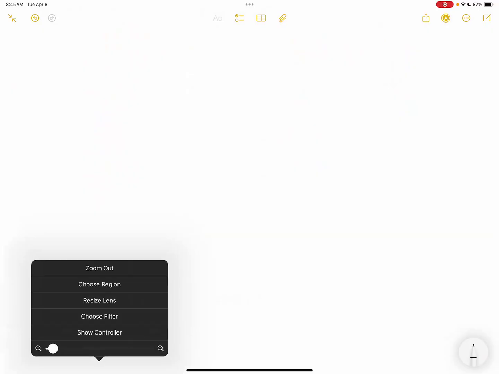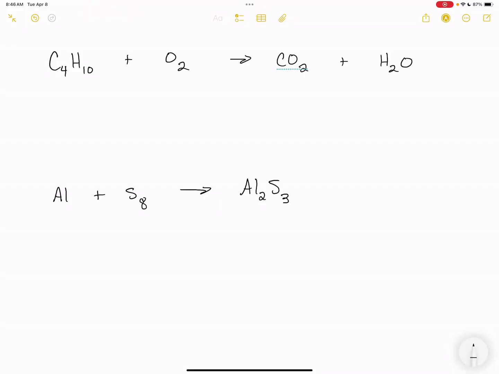Let's get some more example practice. Let's do C4H10 plus O2 goes to form CO2 plus water. Let's see. Let's go with Al plus S8 goes to form Al2S3.